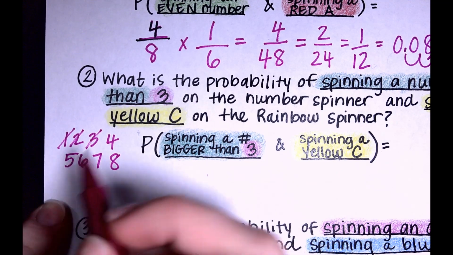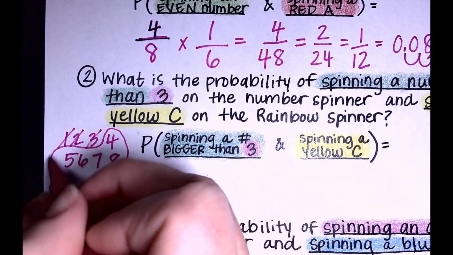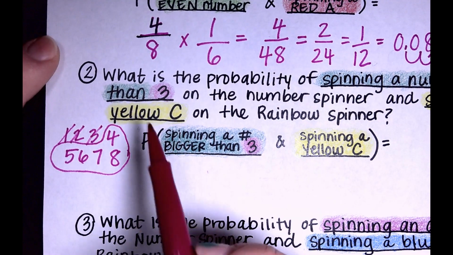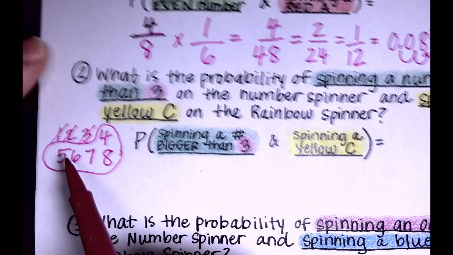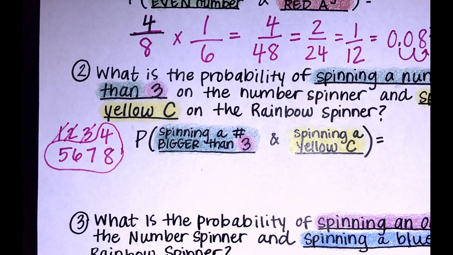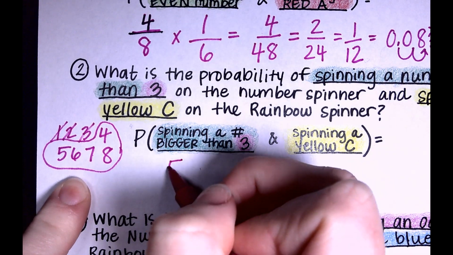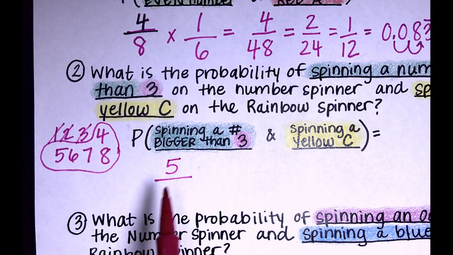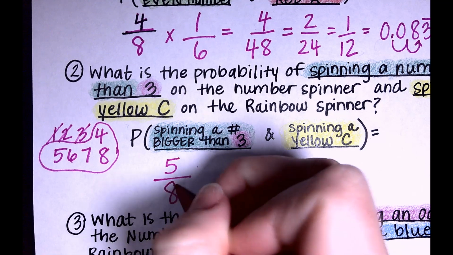How about the rest of them? Yes. These are all bigger than 3. So, how many numbers here are bigger than 3? 5. 1, 2, 3, 4, 5. We're looking for the total amount of numbers that are bigger than 3 that we could spin. So, we have 5 numbers that are bigger than 3 out of how many total? Still 8. Perfect. 5 out of 8.